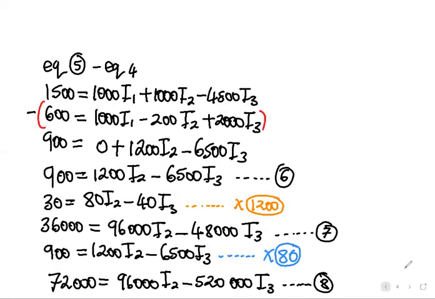Now when you say equation number 8 minus equation number 7, remember it will be 72,000 minus 36,000. So there, what are we going to have? We're going to have 36,000.